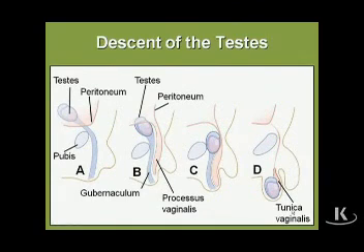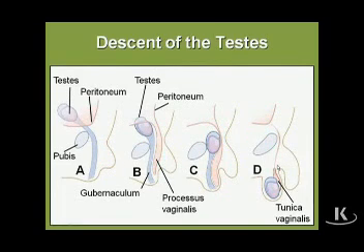It's now called the tunica vaginalis. And the proximal part of the processus vaginalis fuses and then disappears. So that means that the cavity of the tunica vaginalis used to be continuous with the peritoneal cavity, but no longer is continuous. So we've solved that potential problem. So that's what normally happens.